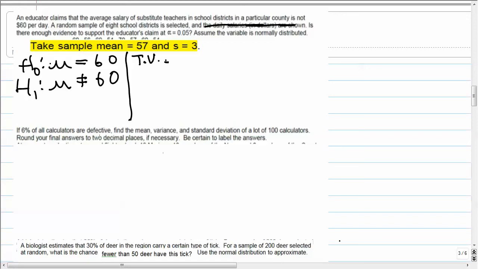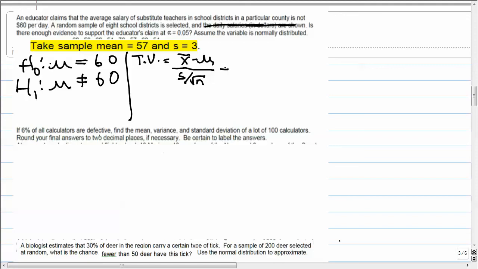The test value here is going to be x bar minus the mean associated with the null hypothesis divided by, well, we do not know the population standard deviation. We know what the sample standard deviation is, right? So we're going to be working with s divided by the square root of n.